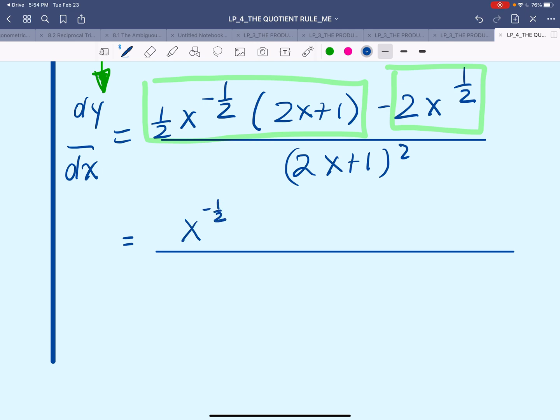And the reason why they have x to the power negative half is negative half is the smallest power here, right? So that's what we take out. And we also want to take out 1 over 2 at all times. So let's check and see what we are left with in brackets. So imagine that this doesn't exist anymore because this is all out. So inside brackets, from the first group of terms, we'll have 2x plus 1.